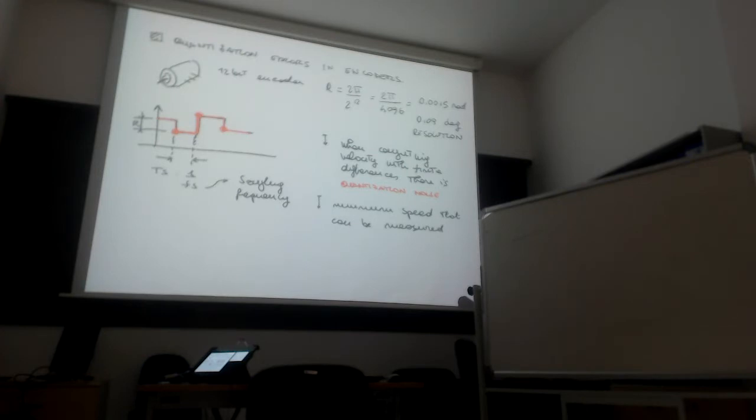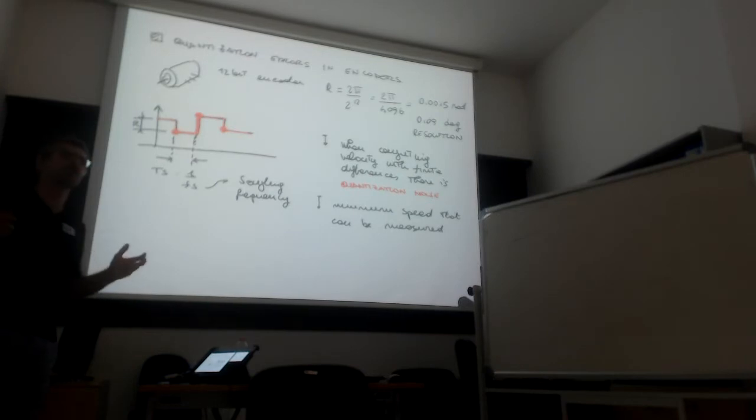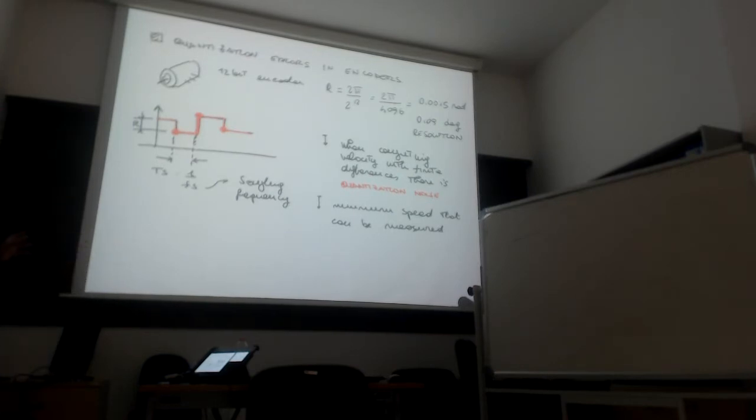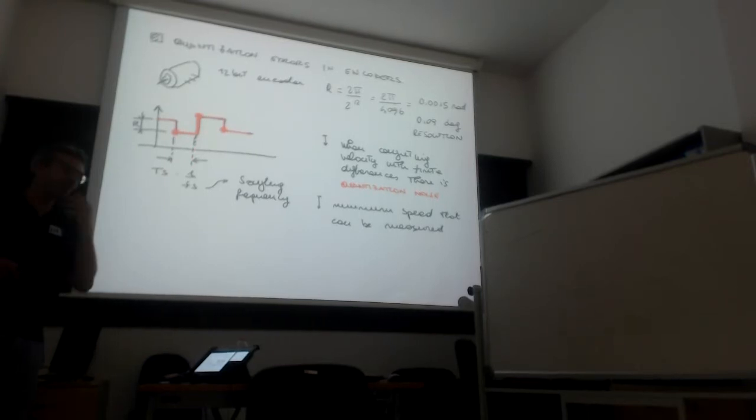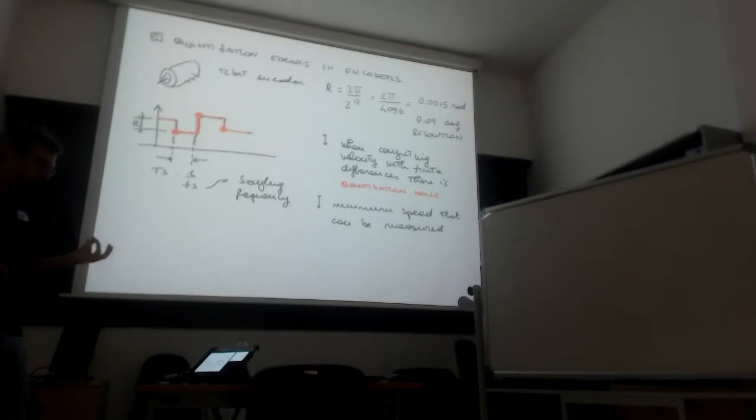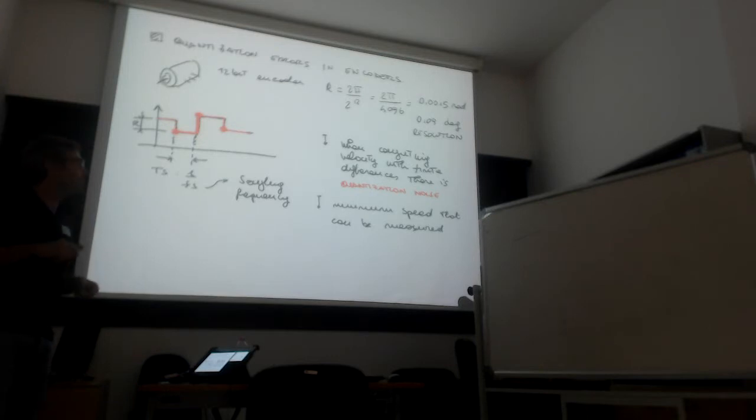The encoders, for example, people say let's sample as fast as you can because it's nice. With encoders, it's not necessarily a good thing, because if you think about the sampling interval, when you compute the velocity by differentiating with first order differentiation of the position, whenever the sampling interval reduces, the quantization noise increases.